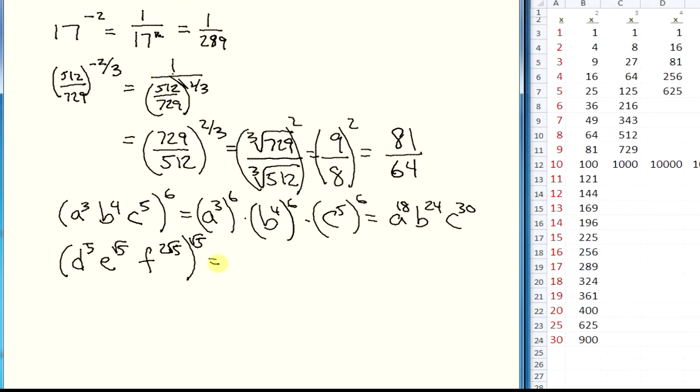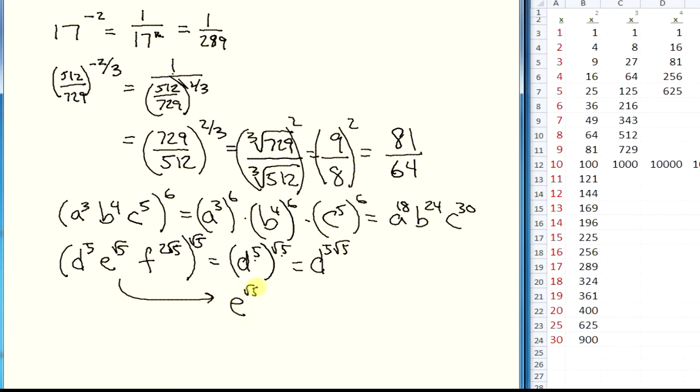For instance, I still need to apply d to the 5th and raise it to the radical 5. If I'm going to multiply these together, because that's what powers of powers do, realize that this 5 here is outside the radical, this 5 is inside the radical. Therefore, if I'm going to multiply them together, all I'm going to be able to do is get d to the 5 radical 5.